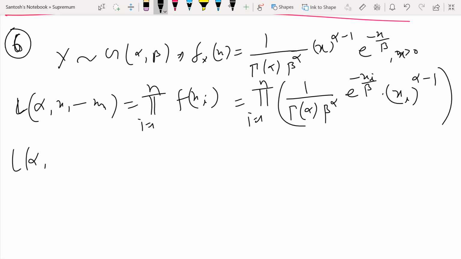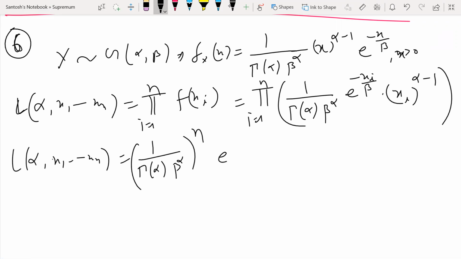So when you take this outside, it is (1 upon gamma(alpha) beta raised to power alpha) whole power n, e raised to power minus summation xi upon beta, and product xi raised to power alpha minus 1, i from 1 to n.